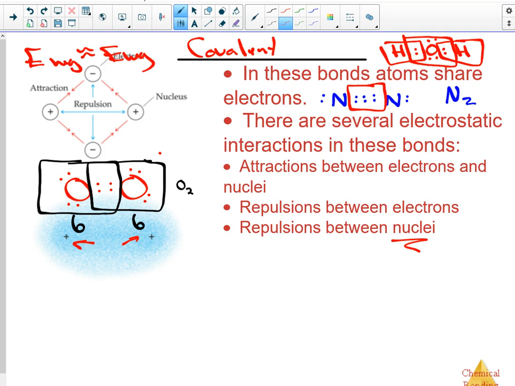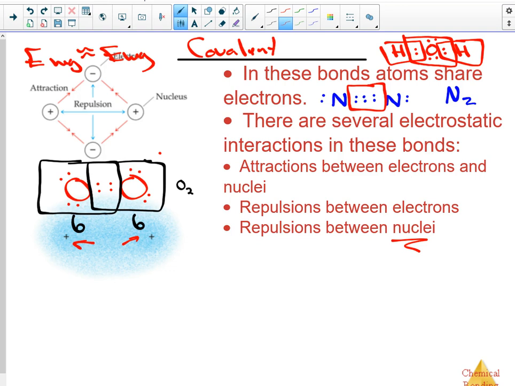Covalent bonding. So in ionic bonds, we had a complete transfer of an electron from one side to the other, because the nonmetal would take the electron from the metal, and life was dandy. But in a covalent bond, there are two nonmetal atoms hanging out together.